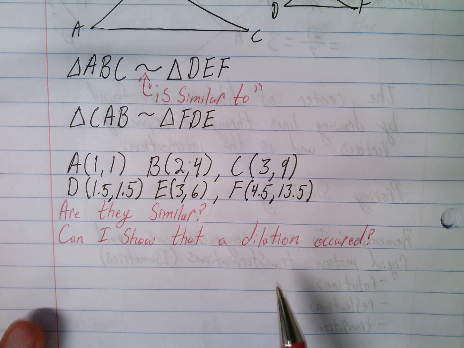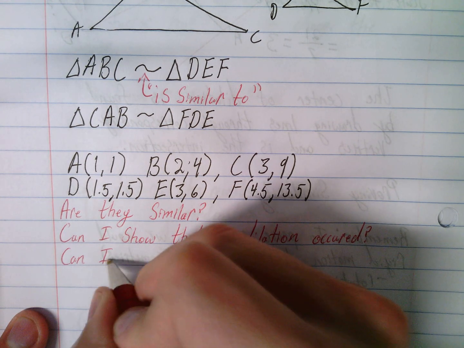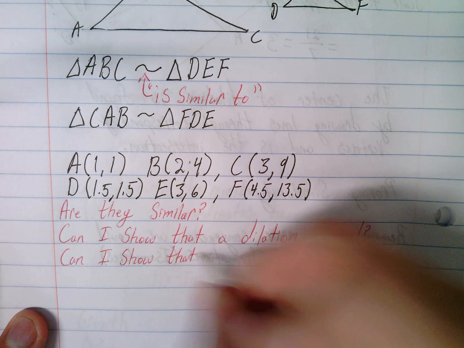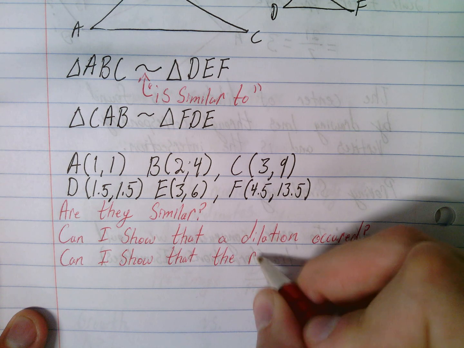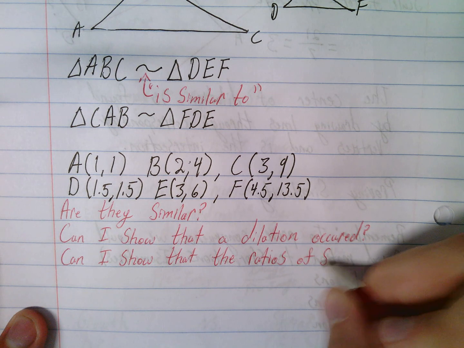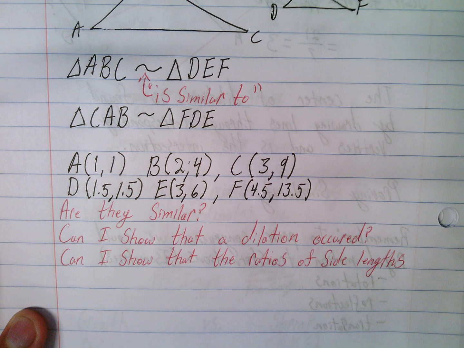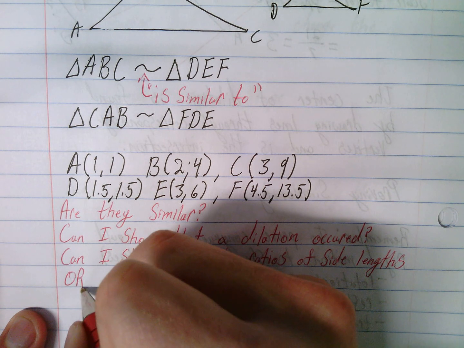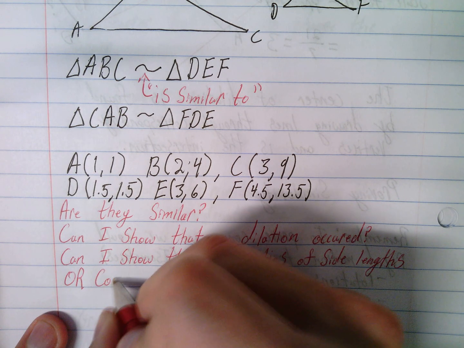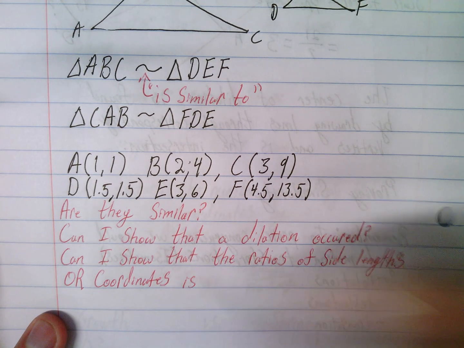So what we're saying about dilations here is, can I show that the ratios of side lengths, or, this is going to be the easier way to do it, the ratios of side lengths or coordinates is the same.